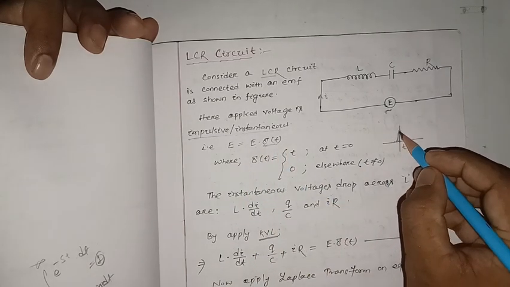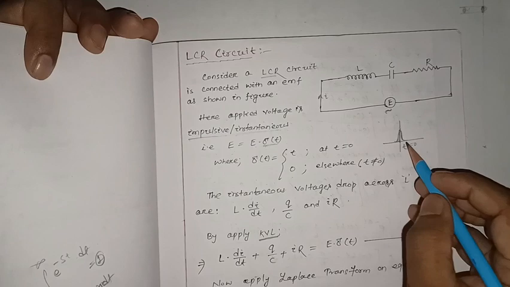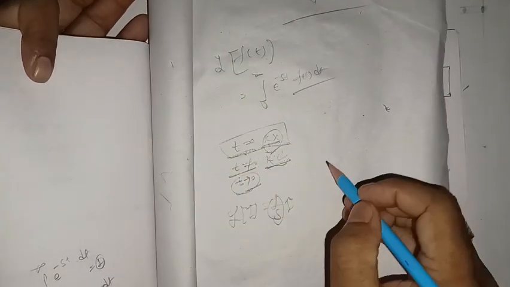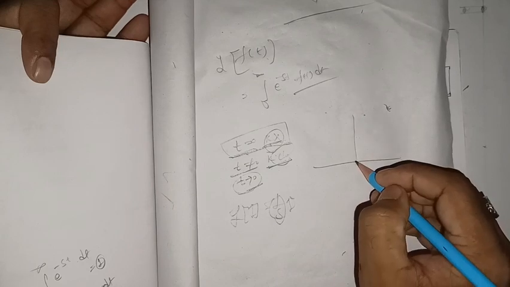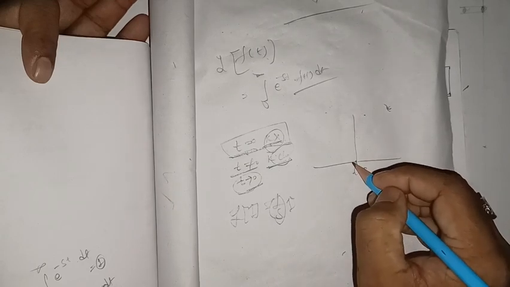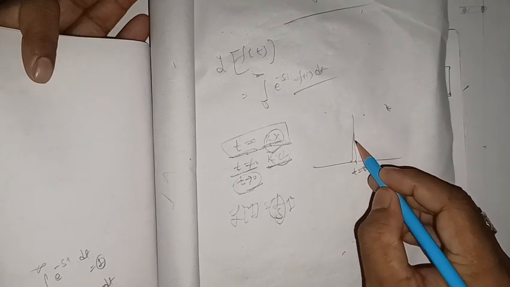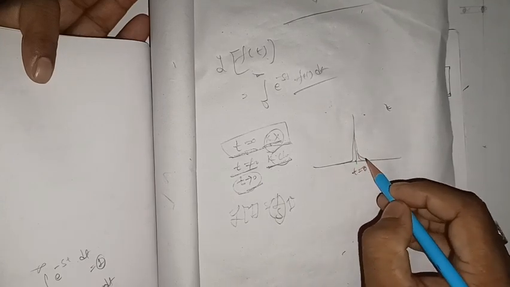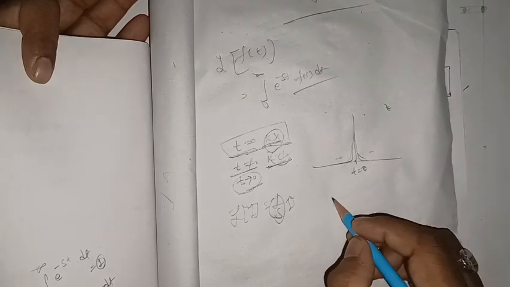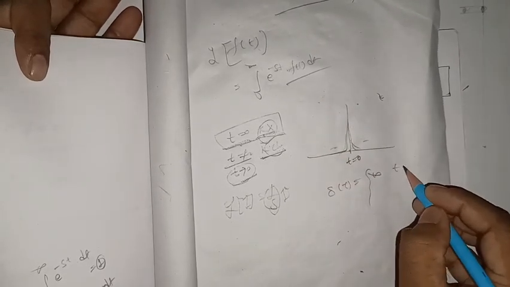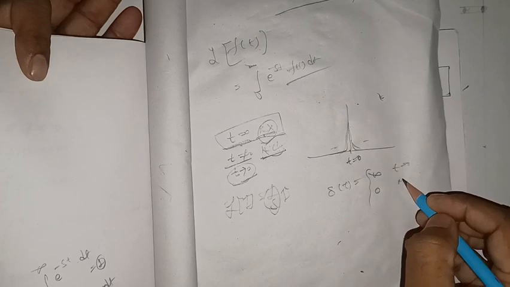As we know, if we consider a delta function that exists at a particular point, ideally the delta function looks like this. Suppose at a, or at 0, the delta function exists. That means at 0 it is maximum, and at other points it will be 0. That means delta t will be equal to the so-called infinite at t equal to 0 and 0 elsewhere.